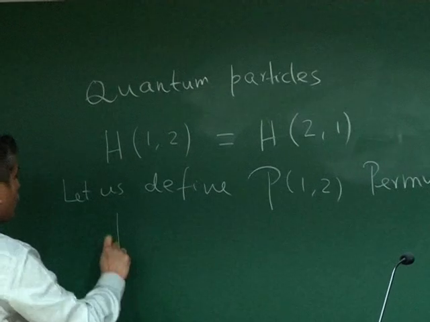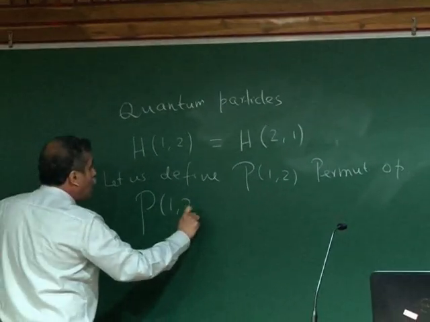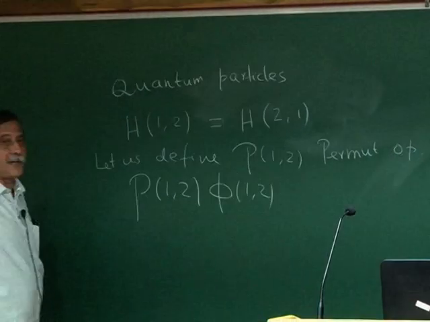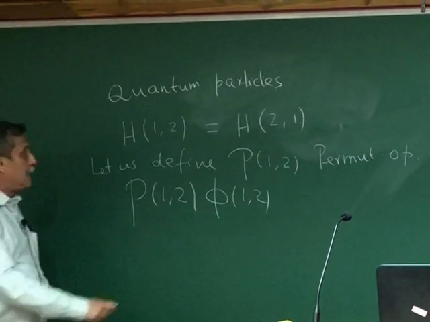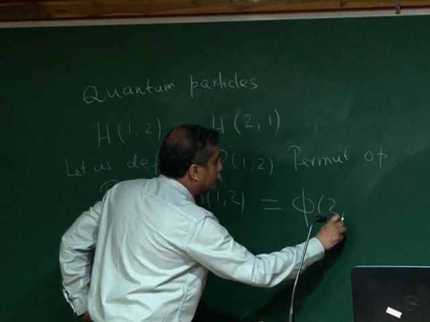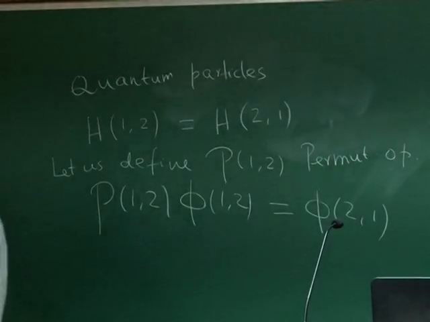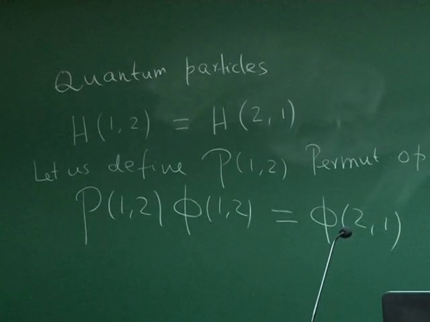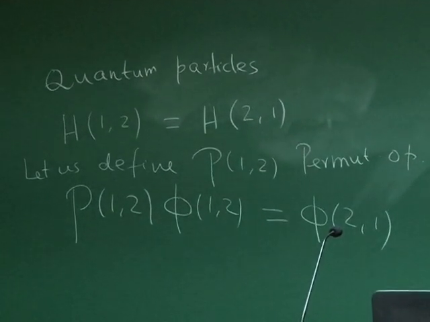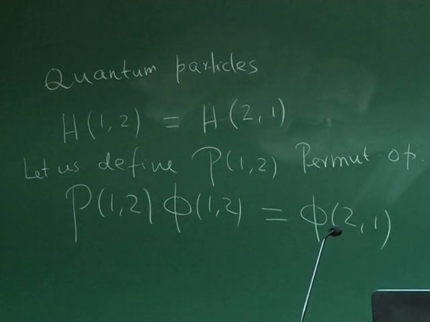Its job, if it acts on any function, not just the eigenfunction of the Hamiltonian, any function, is that it simply interchanges the coordinates of 1 and 2. I think it's very simple to understand. I define a permutation operator, and I allow it to act on an arbitrary function, phi of 1, 2. What does it do? It simply makes phi of 2, 1.